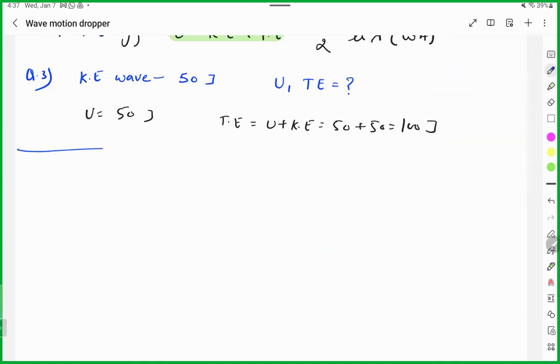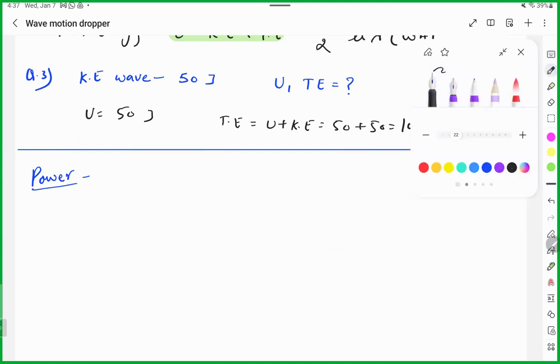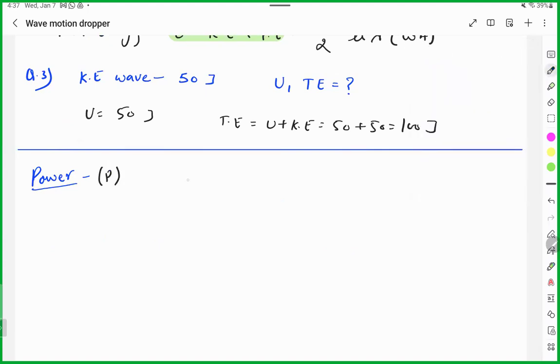If you don't have any doubt, then you can calculate power of the wave. How to calculate power of the wave? You know formula of the power P. This power P is equal to energy per unit time. Correct?